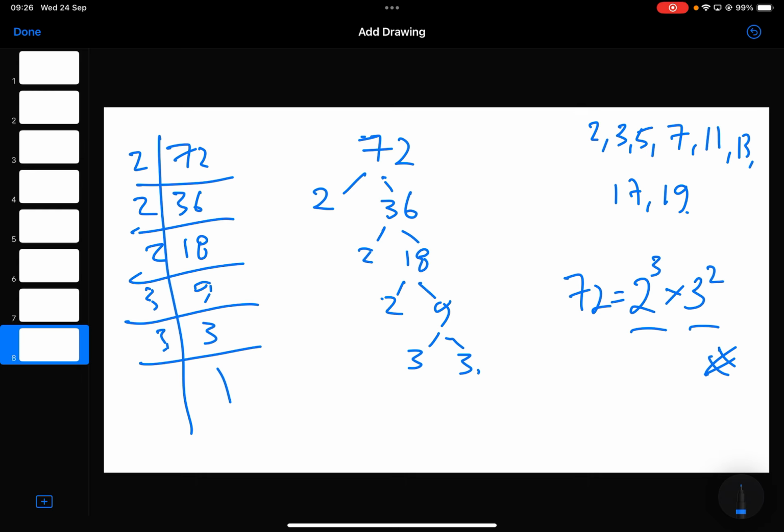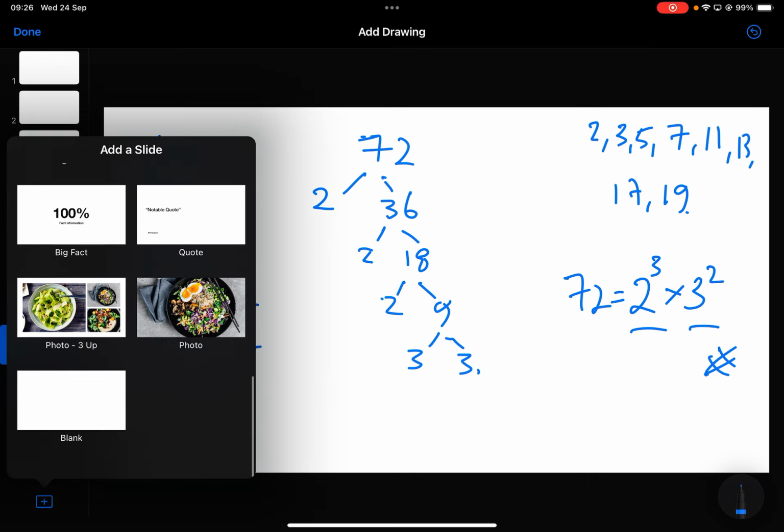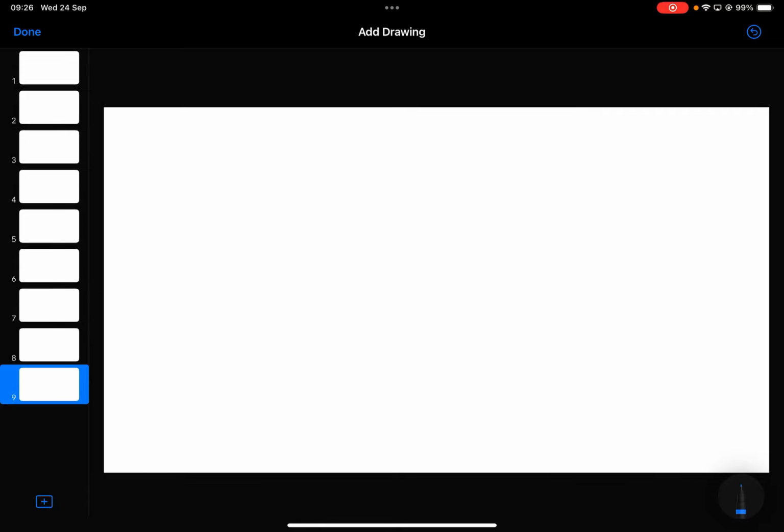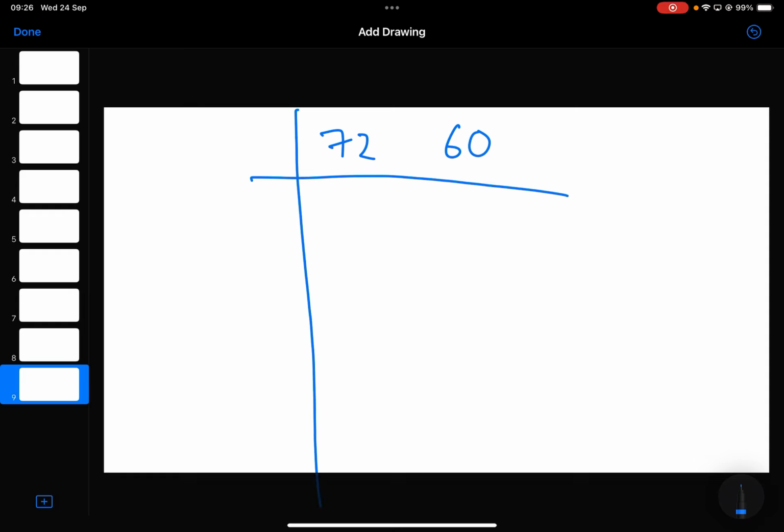Okay, let's say I want to find the highest common factor of, let's say, 72 and 60. One way is I can put them on a ladder. Then I want common factors.